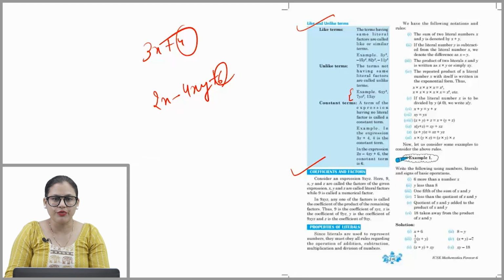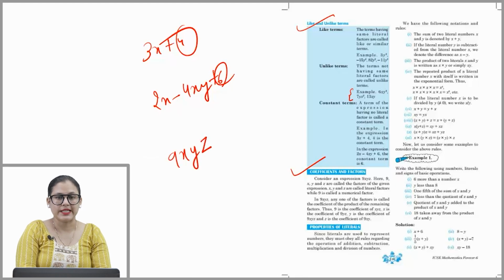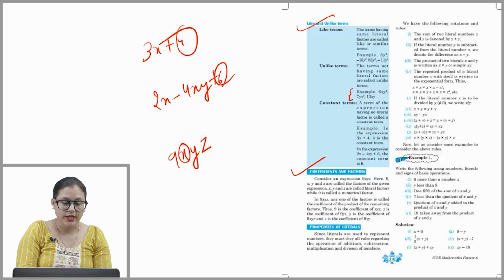This 9 is the coefficient of xyz, x is the coefficient of 9yz, y is the coefficient of 9xz and z is the coefficient of 9xy.